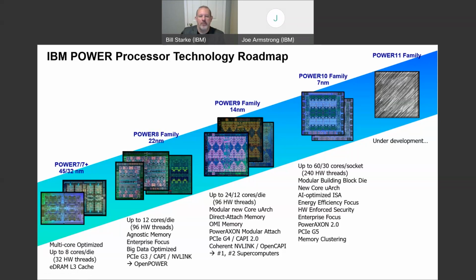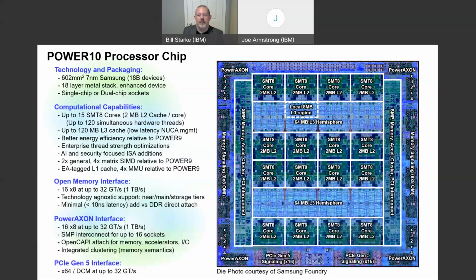Unlike Power 8 and Power 9, where we had a few different flavors of the chips going into the power systems. And Power 11, we're deep in development, so expect the usual 3 to 3.5 year cycle. That's roughly the time frame we bring these things out on. I know that's way off in the future for all of you, but it's my day to day right now. So today we're going to talk about Power 10.